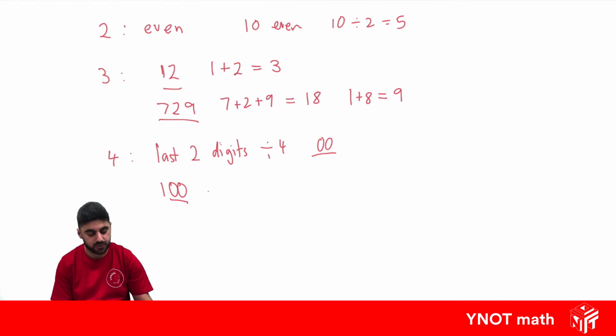So 100 is divisible by 4 because you get 25. What about 144? Well, the last 2 digits are 44, and 44 is divisible by 4 because we get 11. So therefore, the original number is divisible by 4.